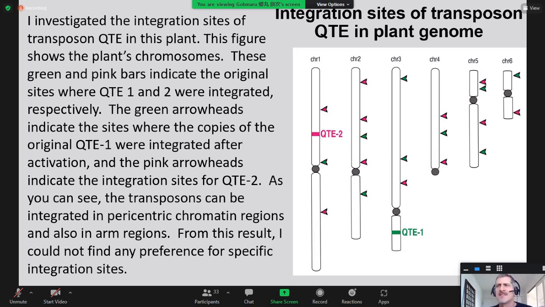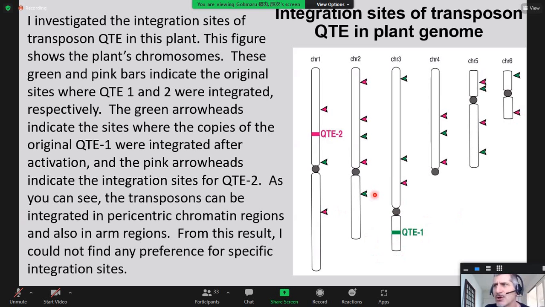"This figure shows the plant's chromosomes. These green and pink bars indicate the original sites where QTE1 and QTE2 were integrated respectively. The green arrowheads indicate the sites where the copies of the original QTE1 were integrated after activation.